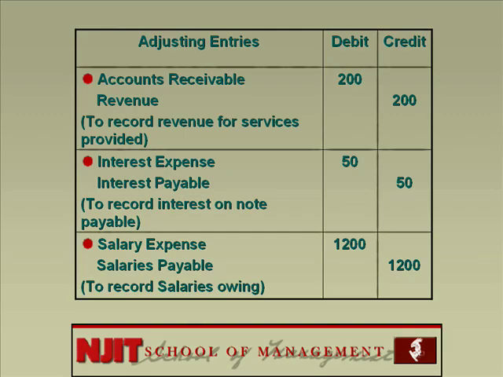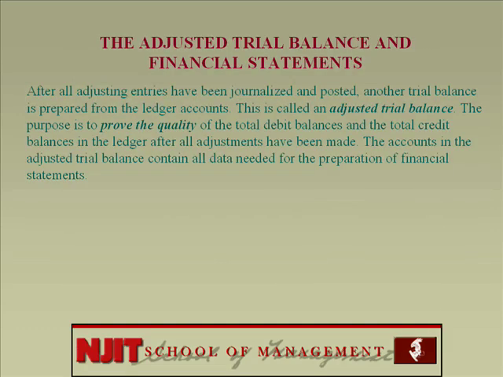Are you done? The adjusted trial balance. The purpose of the adjusted trial balance is to prove the equality of the total debit balance and the total credit balance in the ledger after all adjustments have been made.